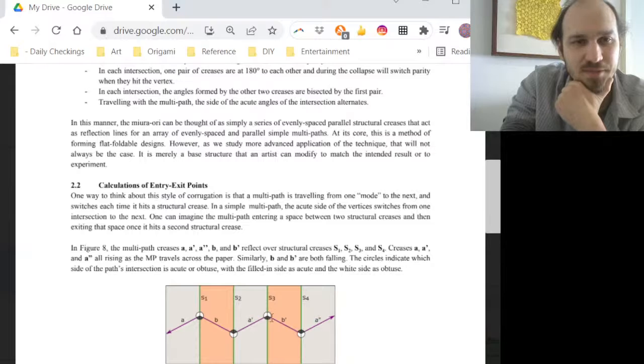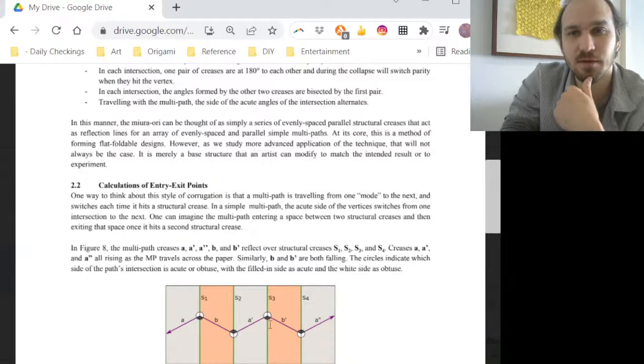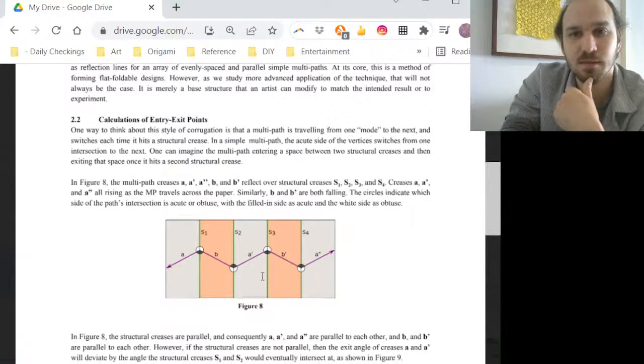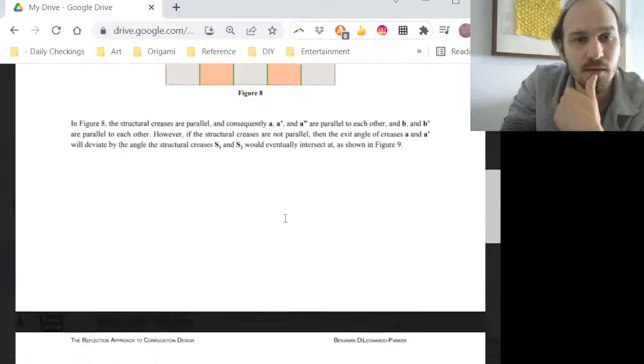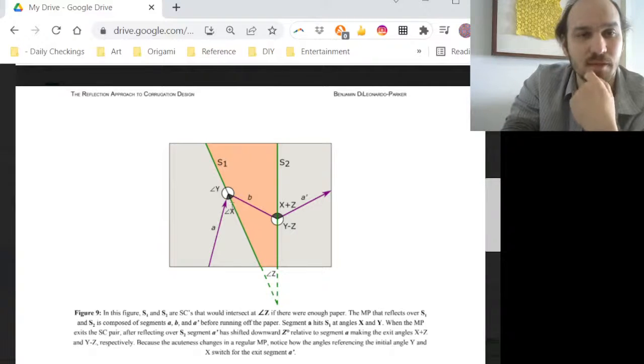I had to come up with a symbol for acuteness. So the filled in angle here means less than 90 degrees, and the open angle up at the top here is greater than 90 degrees. Because I haven't seen that before. I haven't seen something that needed to denote acute versus obtuse.